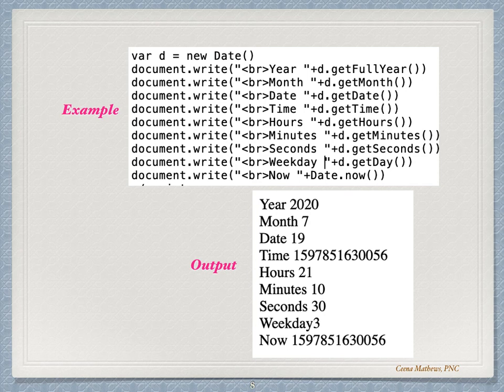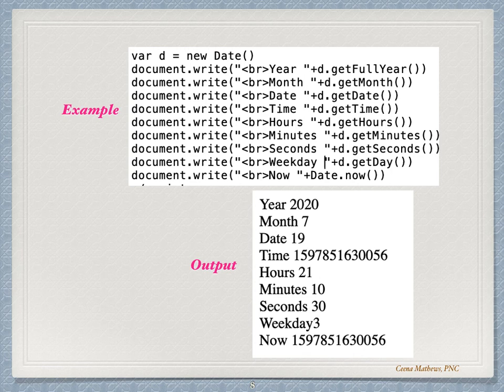In this example, I have used all the get methods of date: getFullYear, getMonth, getDate, getTime, getHours, getMinutes, getSeconds, getDay, and Date.now also. All these methods are used on the current date object.